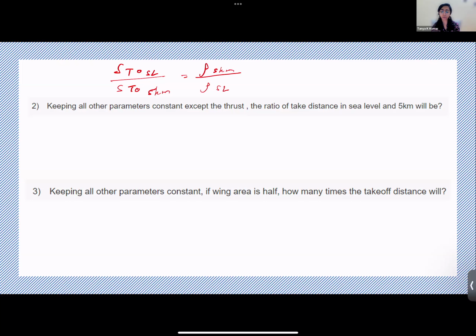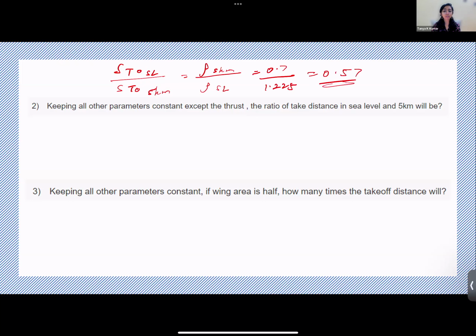I'll point it out to the TA who evaluates the questions, and that will be rectified. It's just the ratio of the densities at the two altitudes. At 5 kilometers, density was given as 0.7, and at sea level, it's 1.225. If you take the ratio, it comes to around 0.57. So that is the answer.